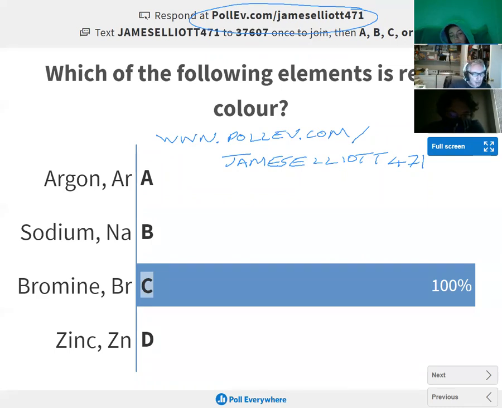If you think it's something else, don't let the 100% for C affect you. Maybe 100% of people are wrong. Go with your gut. That's all I'm trying to get, a sense of your gut response. It gives you an example of the kinds of things we should be thinking about, and it also lets me know how well the material is going for people at this moment. Somehow I'm supposed to see a count, and I don't understand why that's not there.